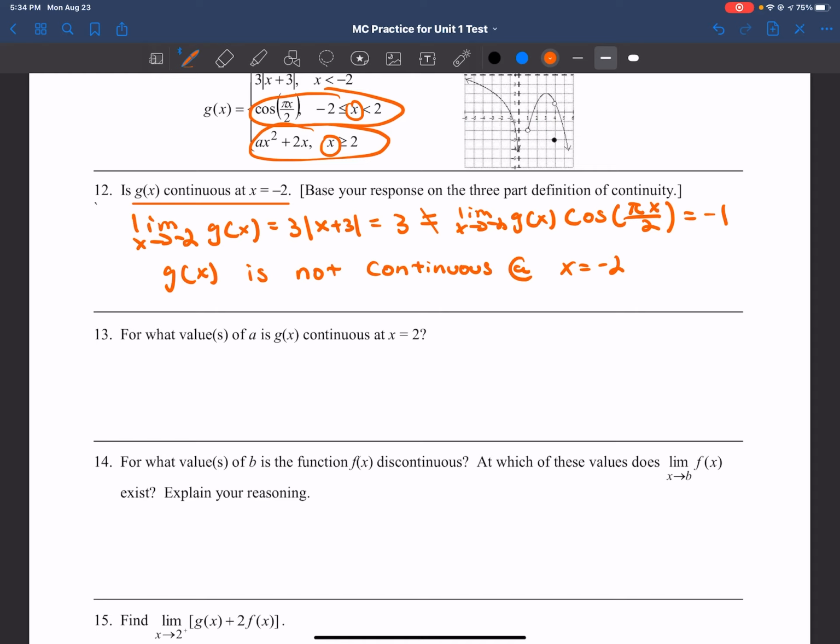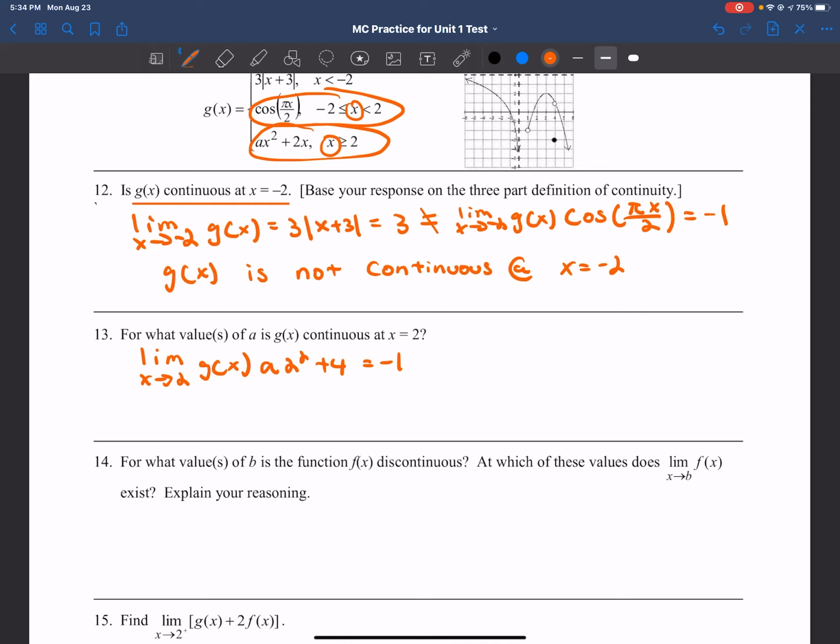So here, limit x approaches 2 of g of x, a 2 squared plus 4, is equal to -1.